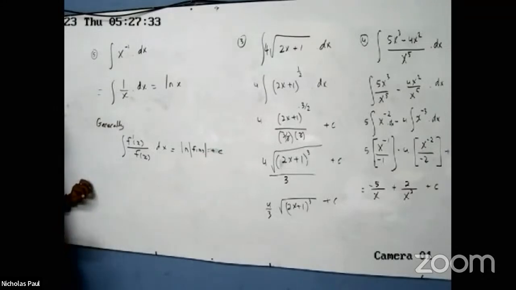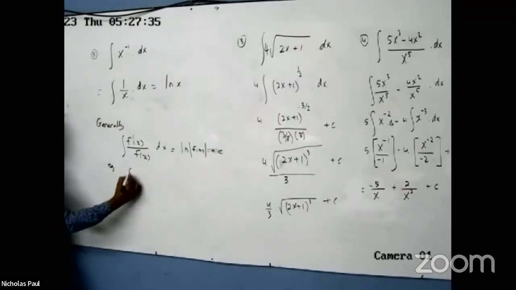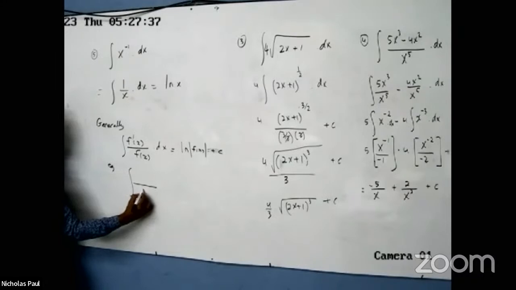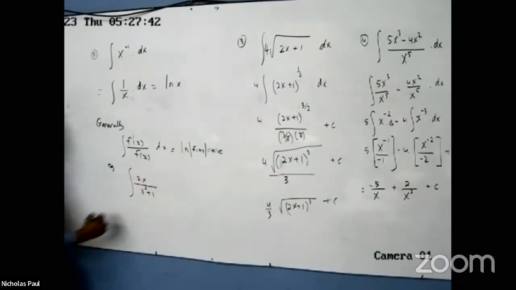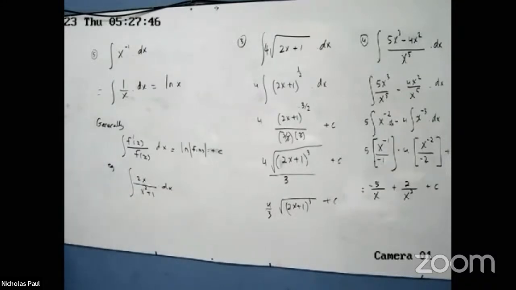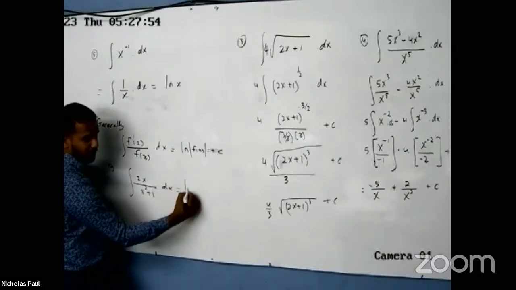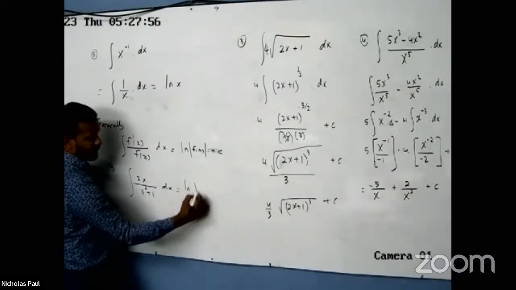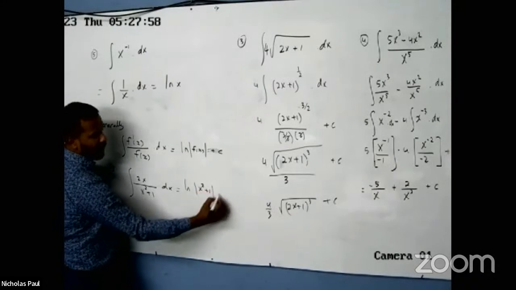For example, what do you think will be the integral of 2x on top of x squared plus 1? It will be ln of, very good, ln of the modulus of x squared plus 1 plus c.